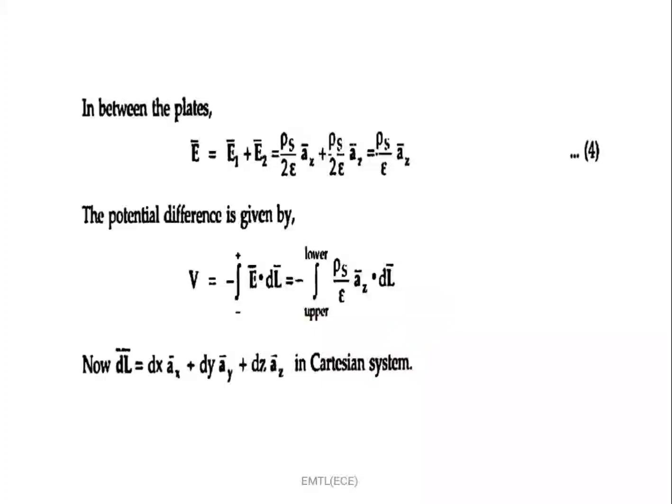Now here the expression for dl is taken from the Cartesian coordinate system. According to the Cartesian coordinate system, the differential length expression is dl bar is equal to dx ax bar plus dy ay bar plus dz az bar.